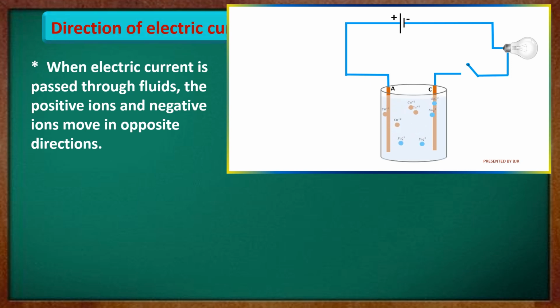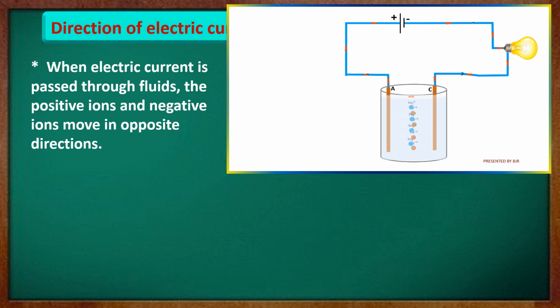Now in copper sulfate solution, when no current is flowing, copper ions and sulfate ions move randomly throughout the solution. That means there is no electric field between the positive and negative terminals. Now I am going to close the switch.